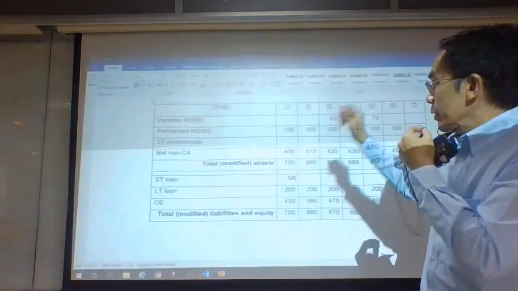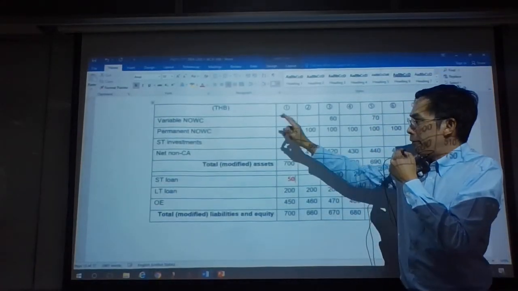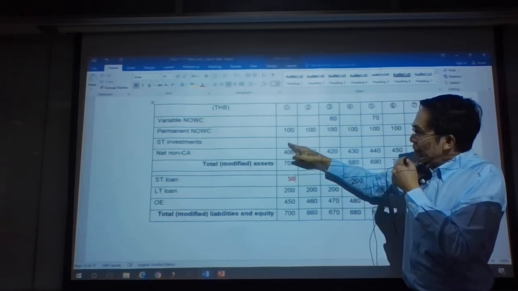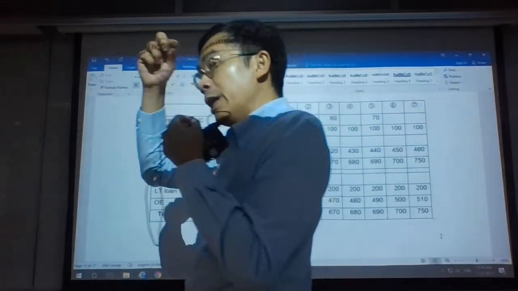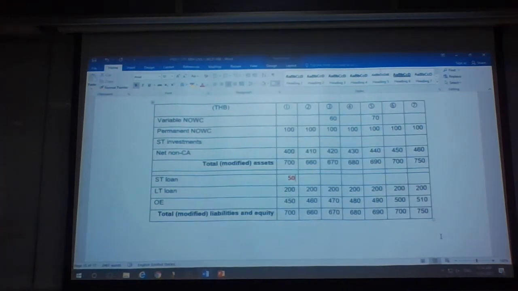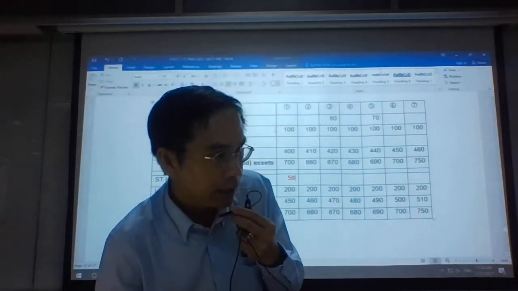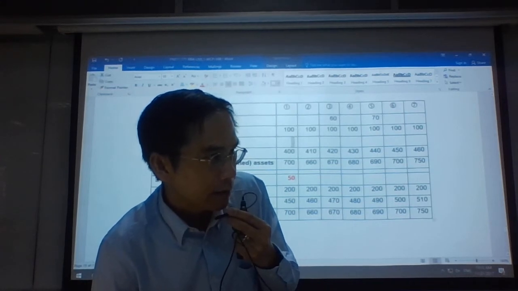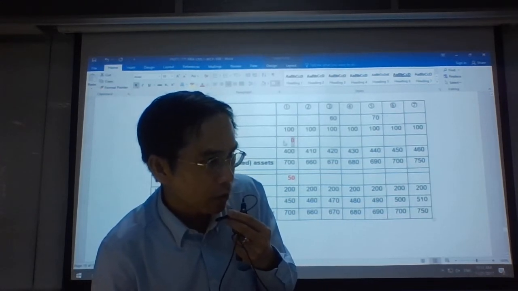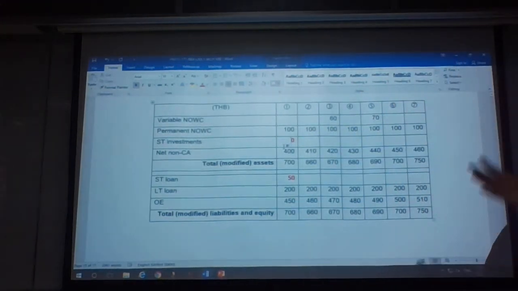So turn to the asset side. You have, assuming that 400 baht of net non-current asset. At this peak point, there will be no excess cash at all. Therefore, your marketable securities will be equal to 0. It is not possible for a firm following the conservative policy to hold marketable securities if it is at the peak point of the season.